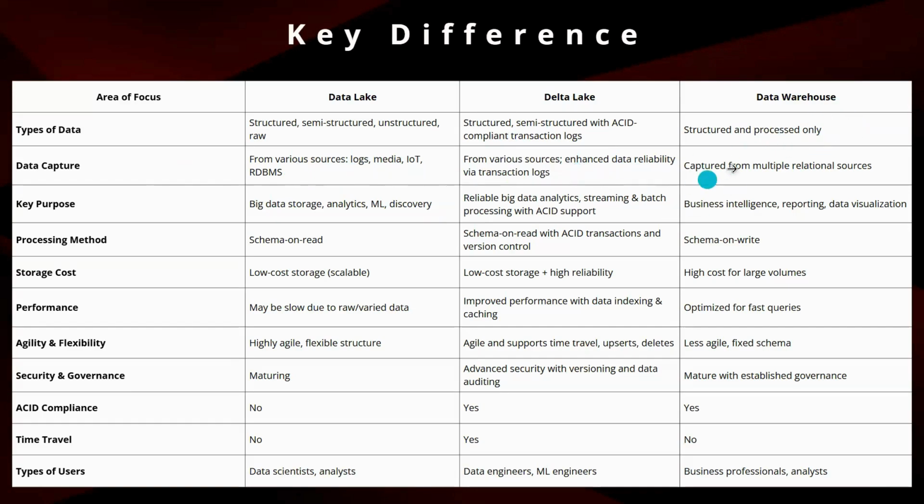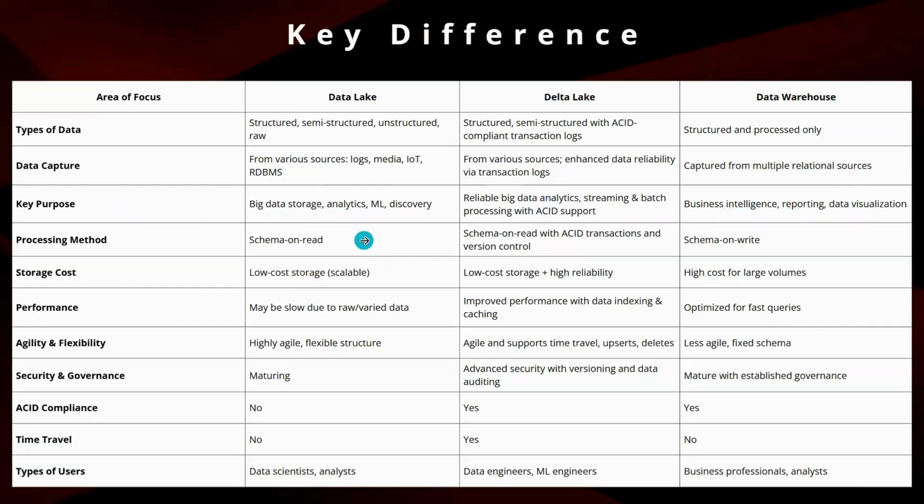And how does data warehouse do it? It captures from multiple relational sources. What is the key purpose? For data lake, big data store, analytics, ML, which stands for machine learning, and discovery. Delta Lake is for reliable big data analytics, streaming and batch processing with ACID properties, and data warehouse is for business intelligence, reports, data visualization.